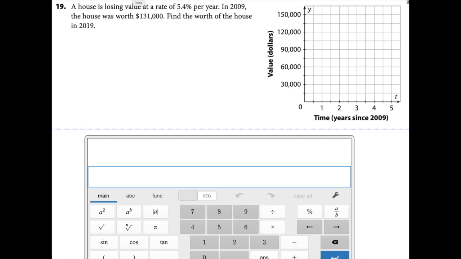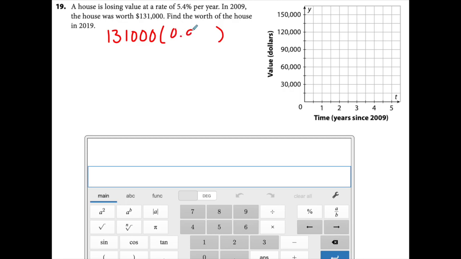So the house is losing value. So every year, it's got 100% of its value minus 5.4% of that value because it is losing 5.4%. So if you think about it, let's say I start at 131,000. If I lose 5.4%, how much percent remains?